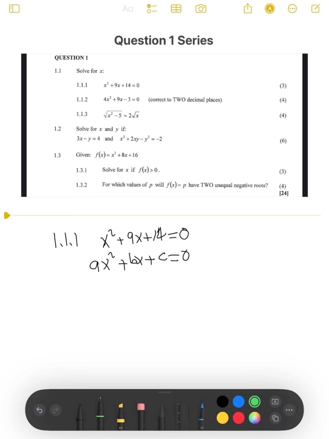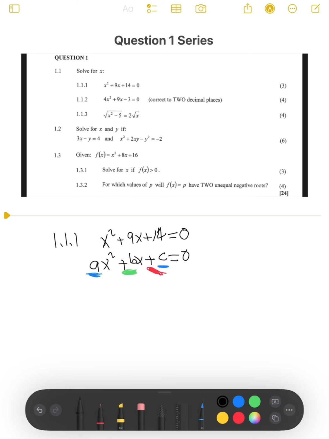Here we need factors of a and factors of c, which when multiplied together and then added together are going to give us b. And note that those very same factors of c, when multiplied together, must give you c and its sign.